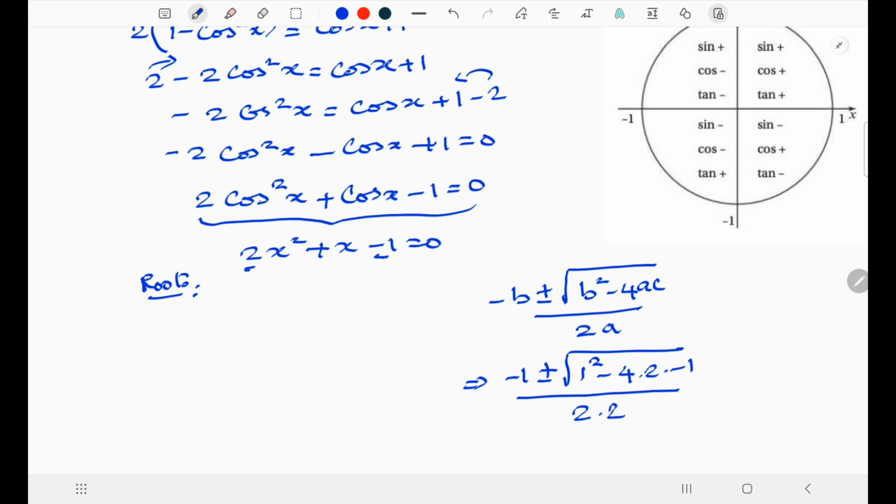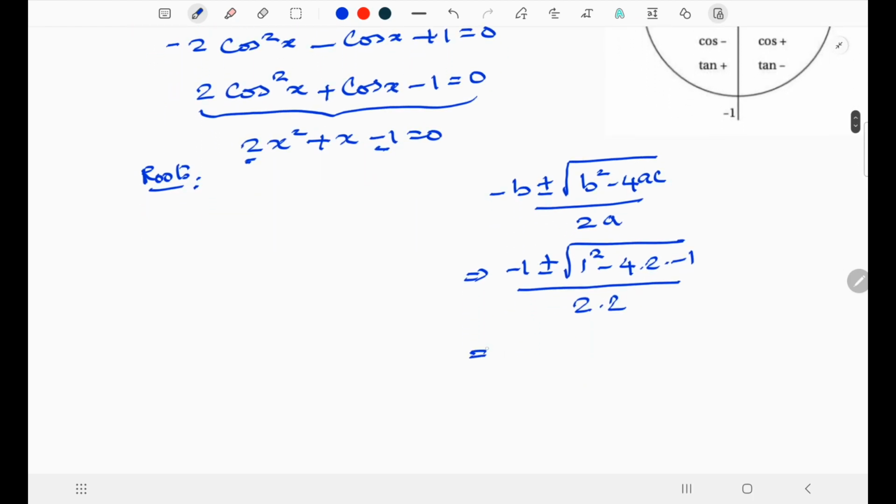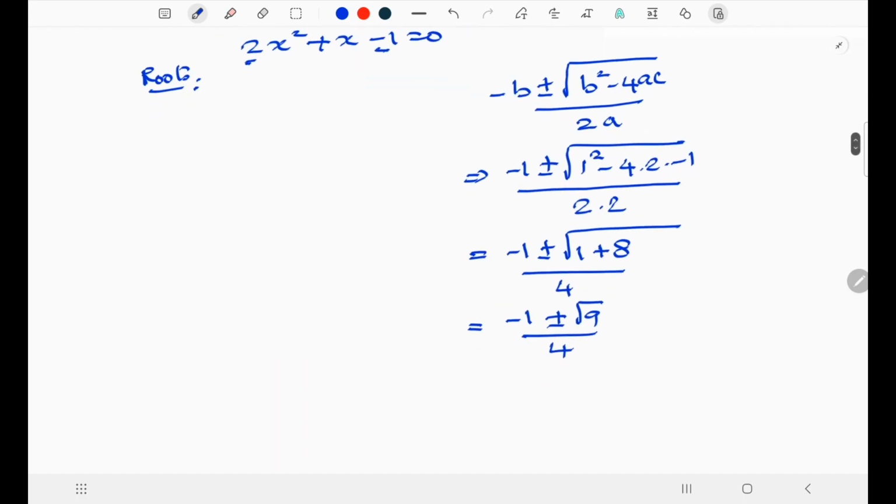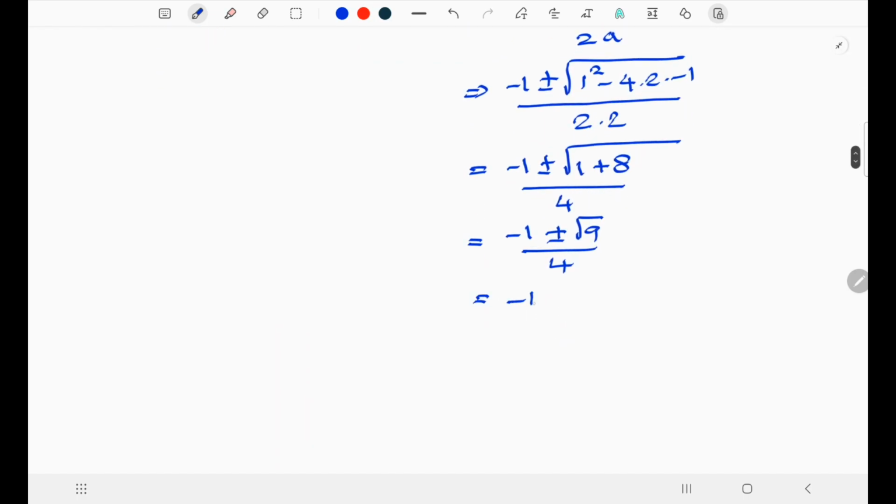What is a? A is 2, which implies minus 1 plus or minus root of 1 minus 4 times 2 times minus 1, so plus 8, by 2 times 2 is 4, which equals minus 1 plus or minus root 9 by 4, which equals minus 1 plus or minus 3 by 4.